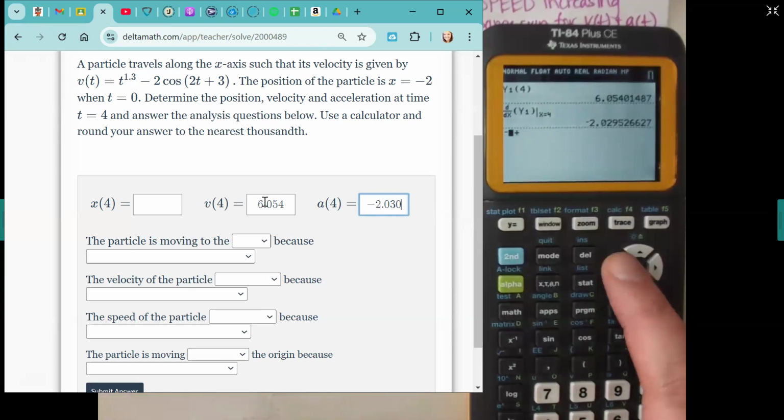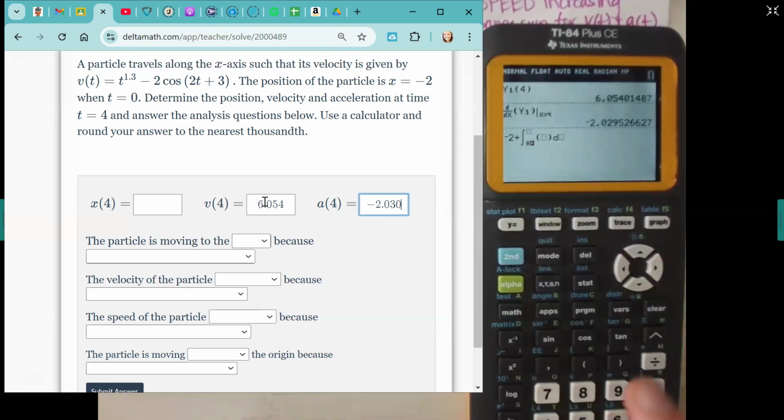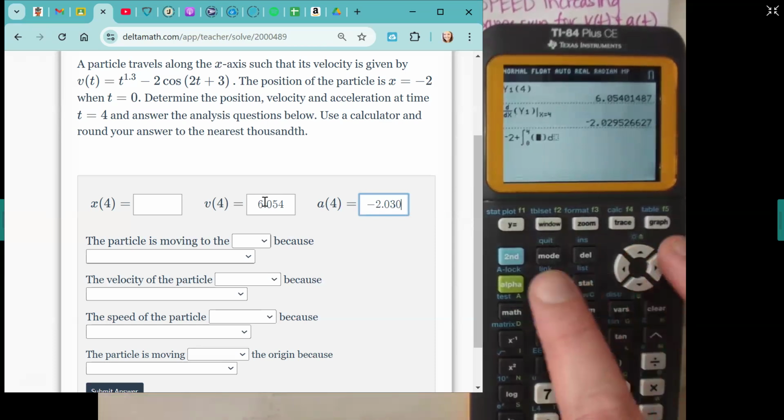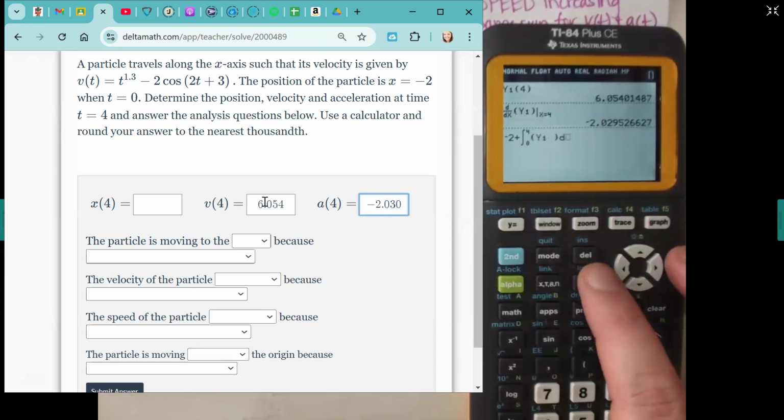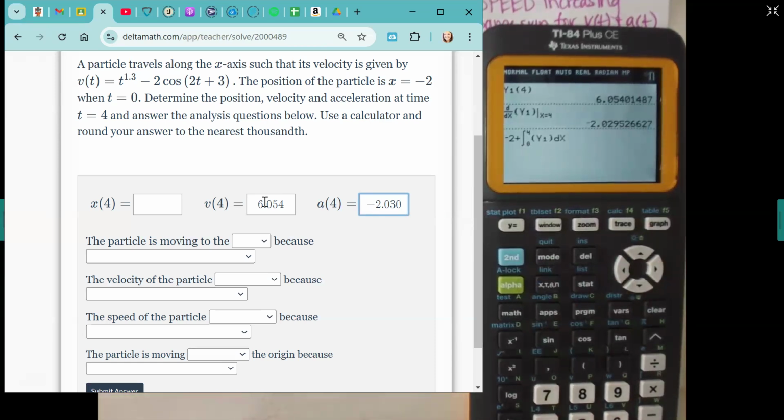You're going to do math 9 from 0 to 4 on your alpha trace Y1 dx. So this is the starting position plus how far it moved. That's going to give you the final position, which is going to be your answer for x of 4.